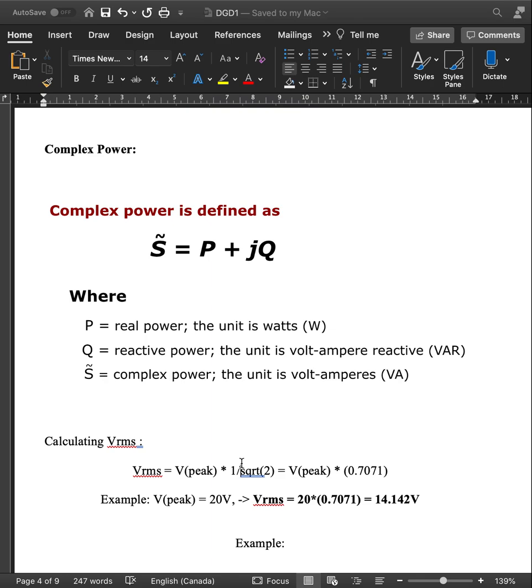Then you can calculate the V RMS for the calculation of the current or the resistance and so on. You just do 20 times 0.7071 and we get 14.142. Hence, that's the value you use to calculate the current in the circuit or the complex power of the whole circuit. And I'll show you an example of how we can do that.